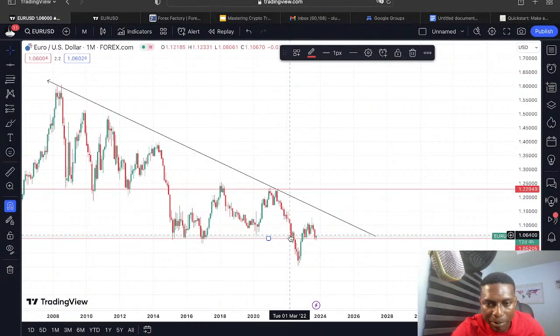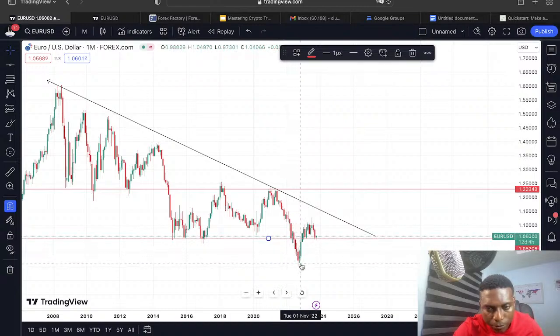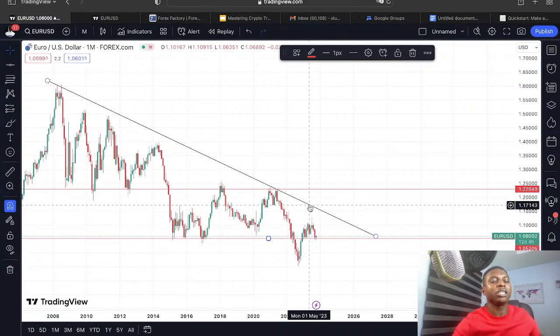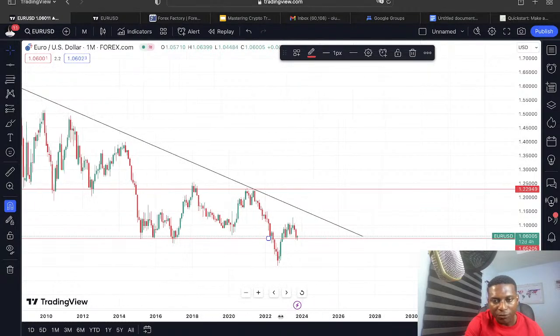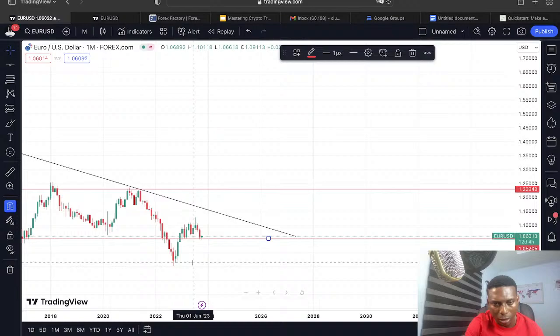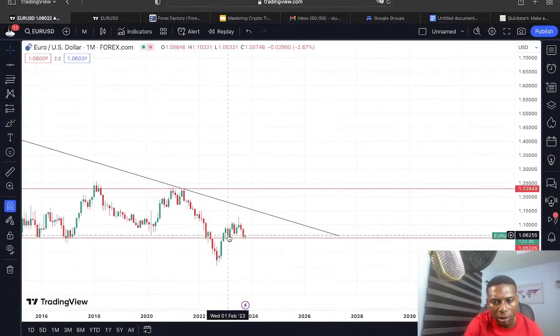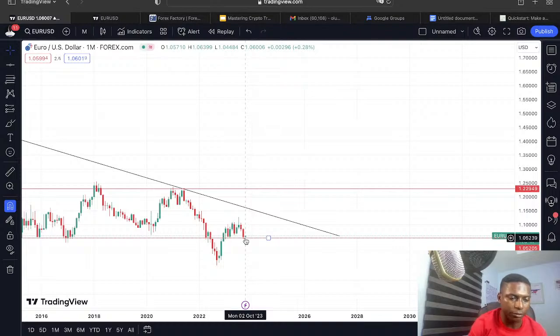We can see that price fell and broke out of this support zone, but in a few months it was back above that support level, now creating some form of resistance at that level, because for the past 7 to 10 months, price has been consolidating at this same support level.